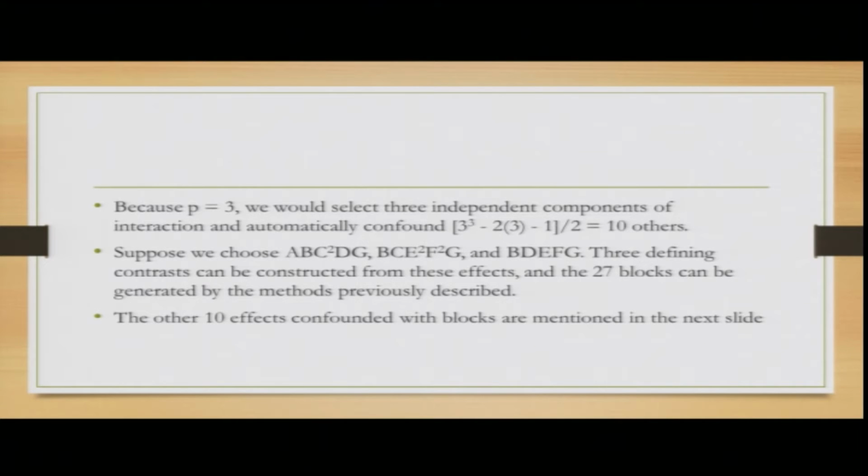Suppose, hypothetically, we choose the blocks as ABC squared DG, or BCE squared F squared G, and so on and so forth. So, 3 defining contrasts can be constructed from these effects, and the 27 blocks can be generated by the methods previously described, and we can do the partitioning likewise. The other 10 effects confounded with blocks are mentioned in the next slide, and we will see how it can be done for this example, where there are 7 variables and the number of blocks to be designed is 27.